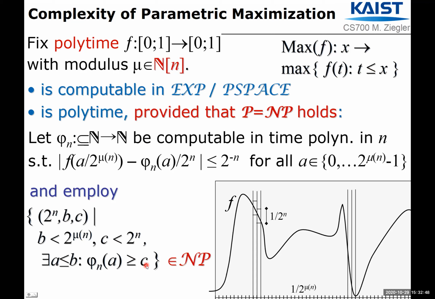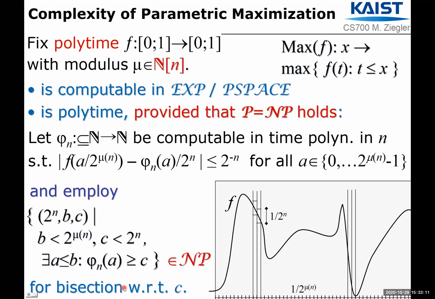And this is our approximation to the maximum value, right? C is namely the numerator of the dyadic approximation of the maximum value of the function on this restricted interval. So if this NP problem actually belongs to P, then there exists a polynomial time algorithm.